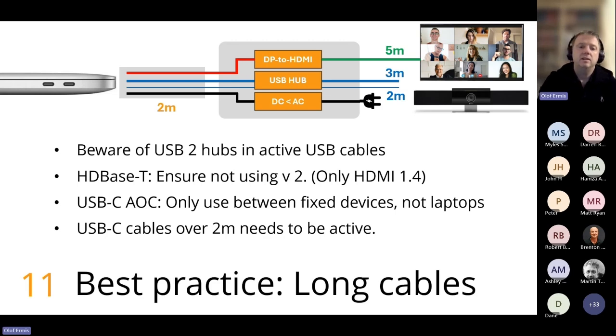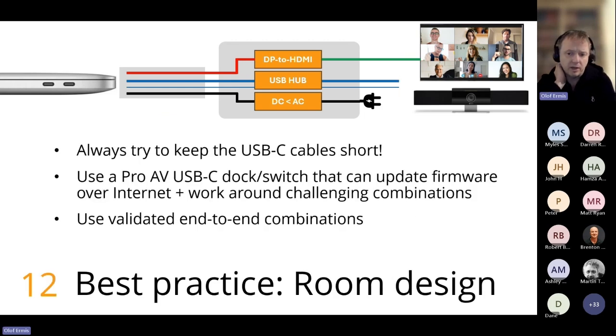But to summarize a bit in terms of what to think about when you make a room. Always try to keep the USB-C cable short. Often there are rooms where it feels like it would make sense to have just a long USB-C cable that goes on the floor and up on the table, or hangs on the wall and you pull it out.